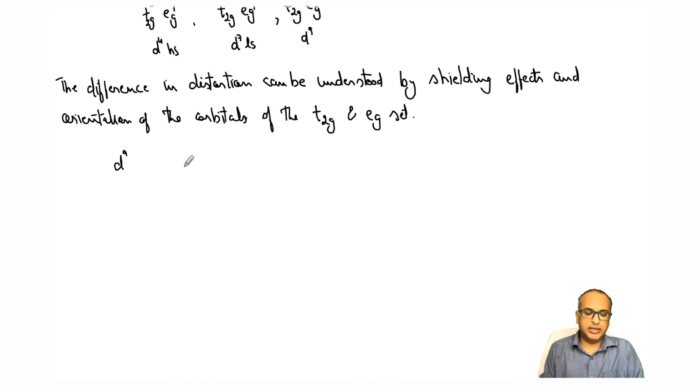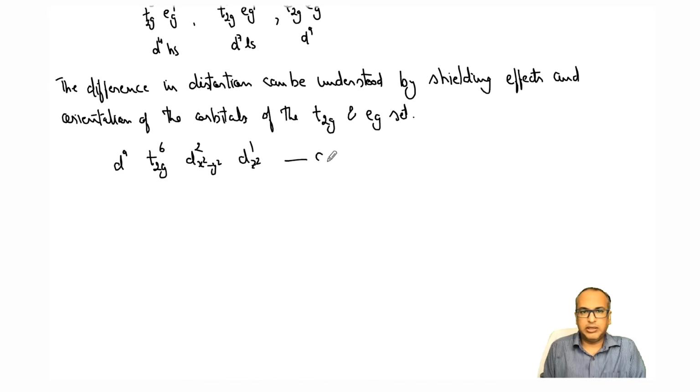Okay, so let us take the example of D9 and see what are the different degenerate possibilities. So for D9, we can say this will be T2G6, and EG can be now further broken into dx square minus y square 2 and dz square 1.